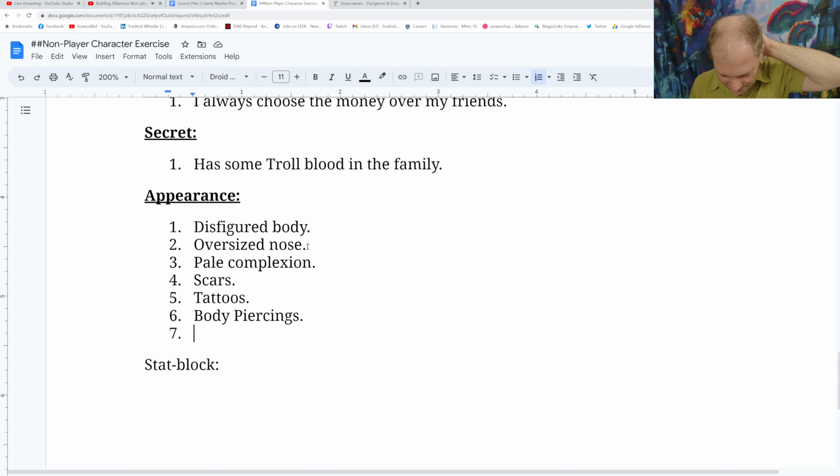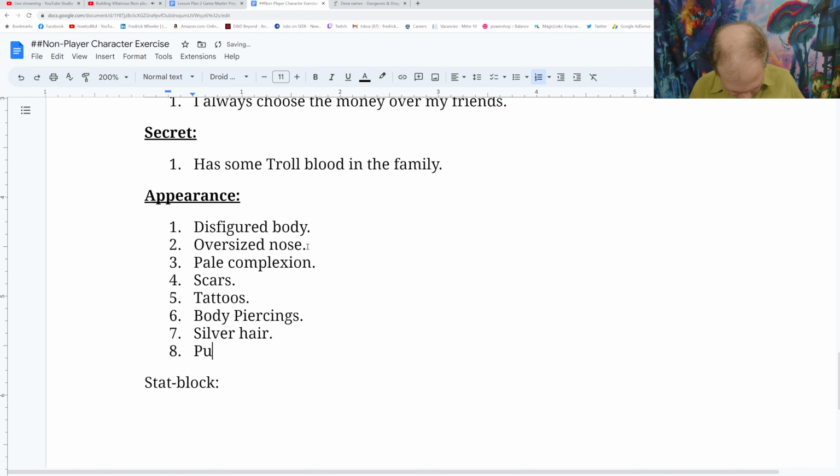Tongue, ears, belly button, nose rings, silver hair, purple eyes. Silver hair. Purple eyes. That'll certainly make you stand out. Silver hair. Maybe yeah, you'd stand out then probably.